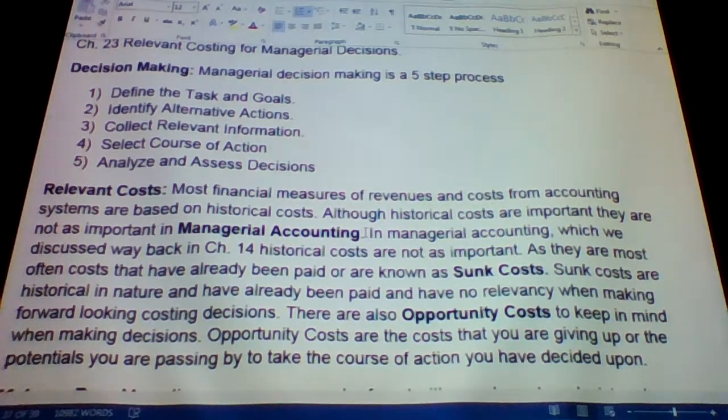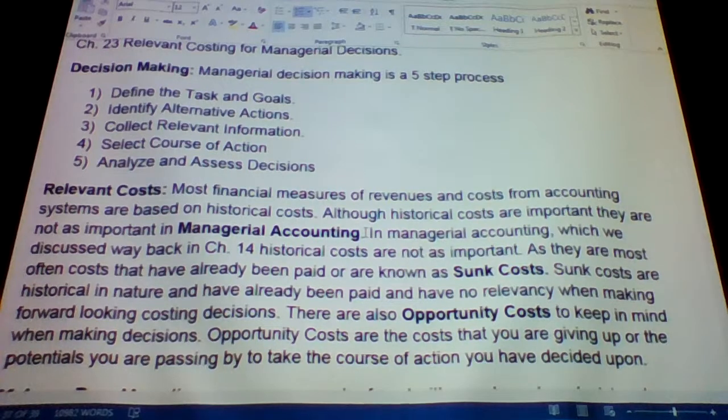Although historical costs are important, especially in budgeting, we use historical cost a lot in budgeting, and we've been doing a lot of talking about this budgeting lately. But in managerial accounting, we don't only look backwards, we look forwards. And as what we're going to talk about here, historical costs are not as important, as they are most often costs that have already been paid and are known as sunk costs.